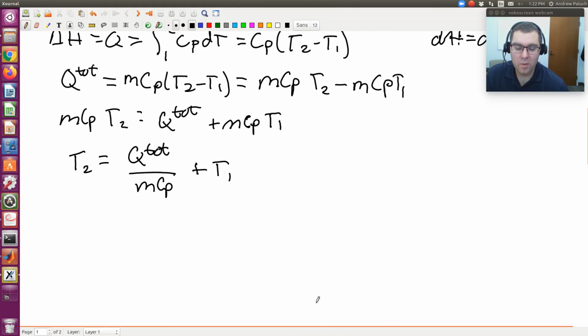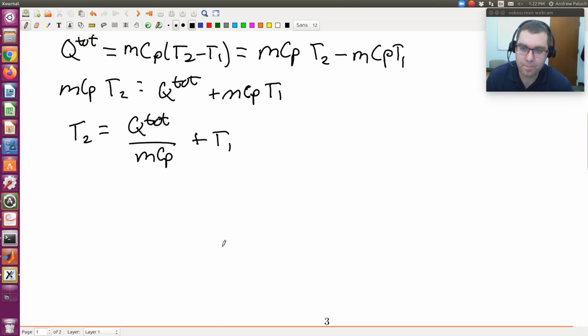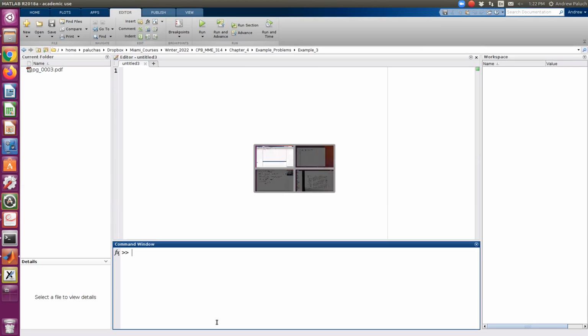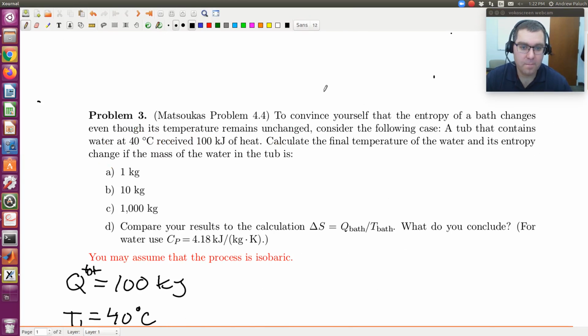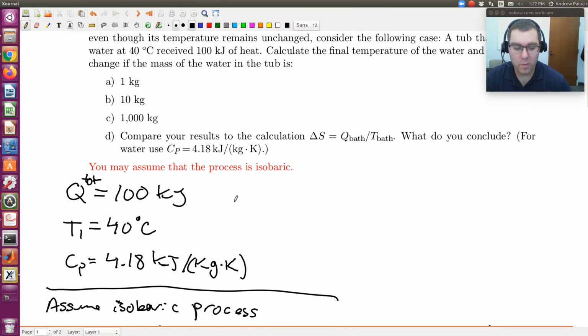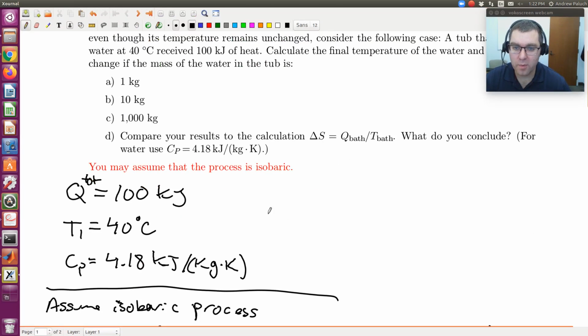So let's do it. What I'm going to do here is I've got a new script. So Cp is 4.18, that's kilojoules per kilogram Kelvin.